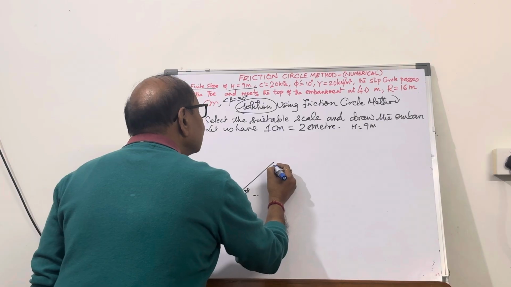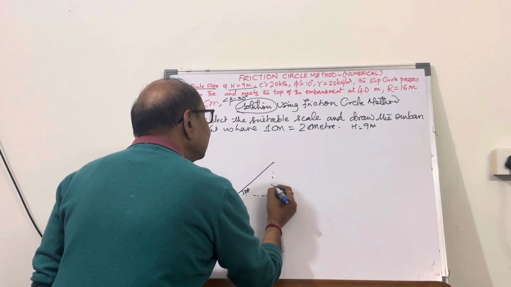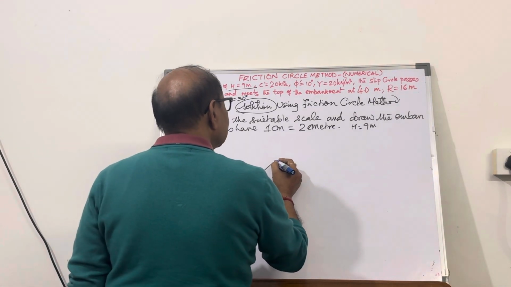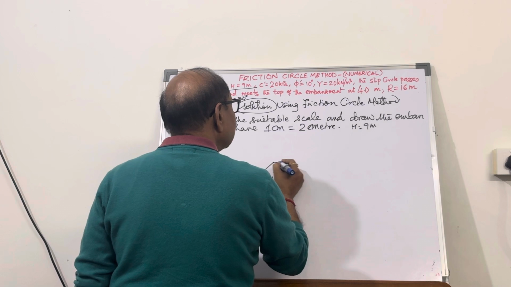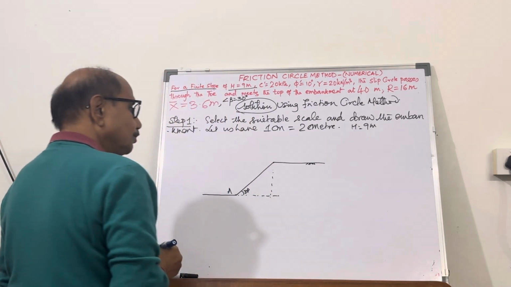So this height, with the horizontal, should be 4.5 centimeter. Automatically, it is going to be 9 meter. So this is the embankment.